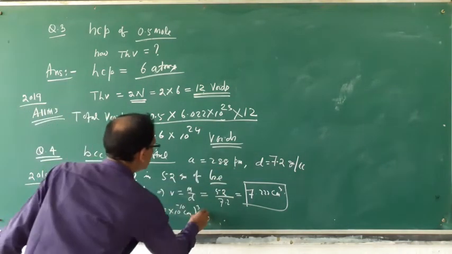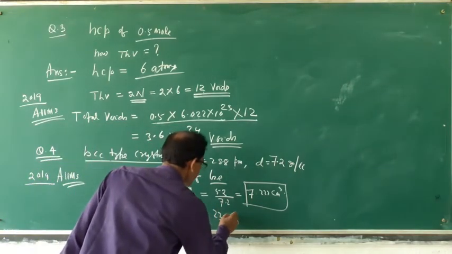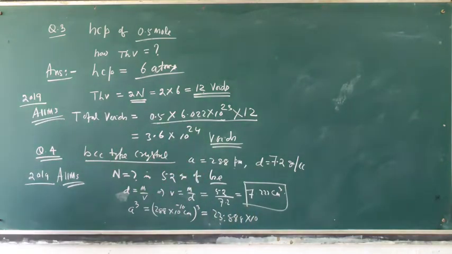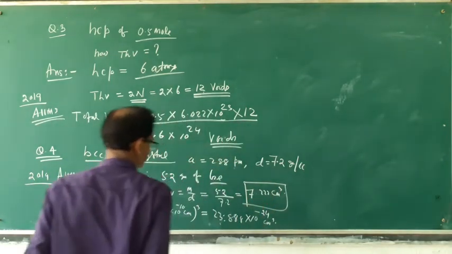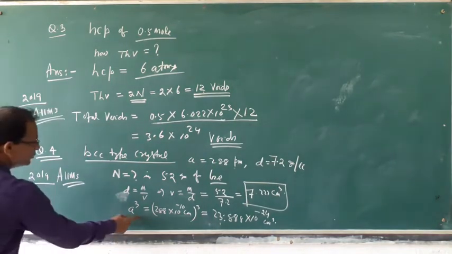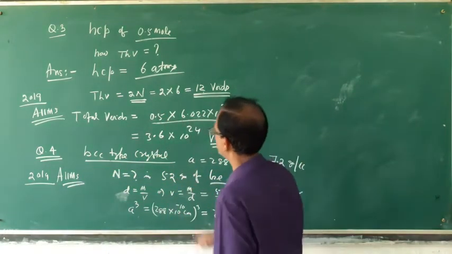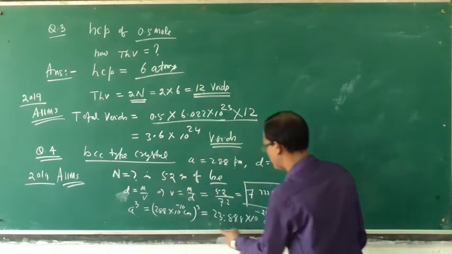The calculation is tedious and will take time, but you have to do it fast. The answer is 23.888 into 10 to the power minus 24 centimeter cube. This is the volume of the unit cell, and the other is the volume of the 52 grams of germanium.